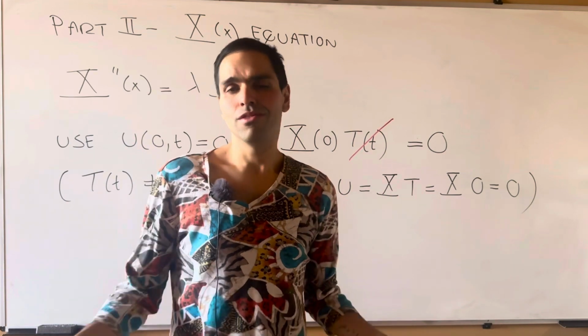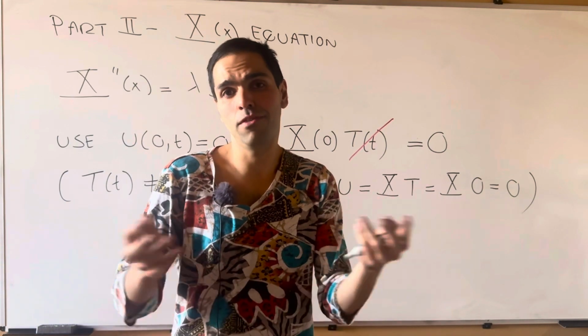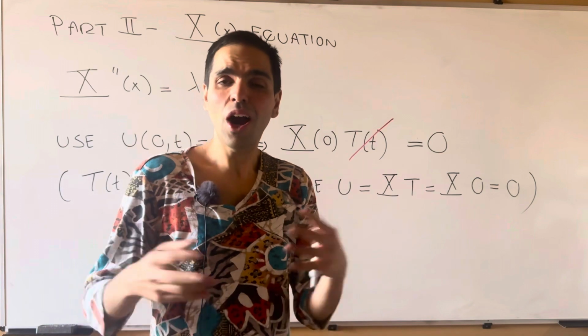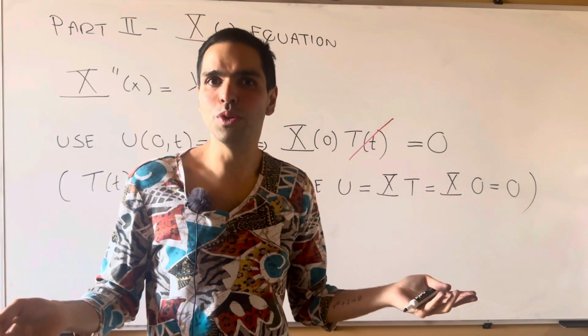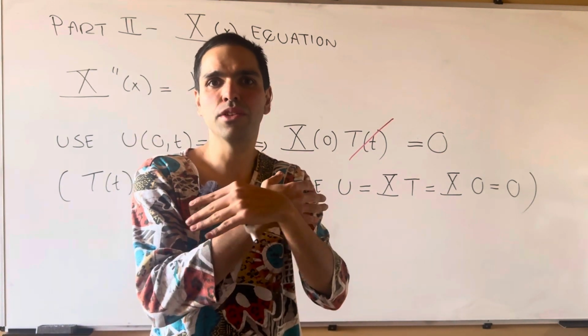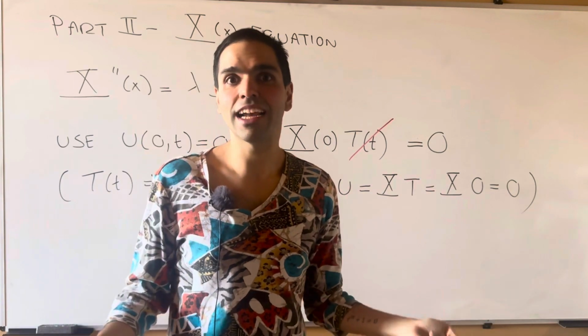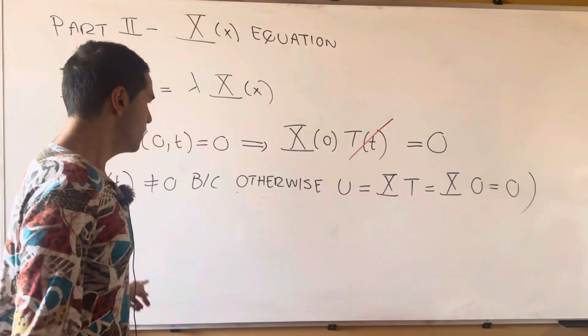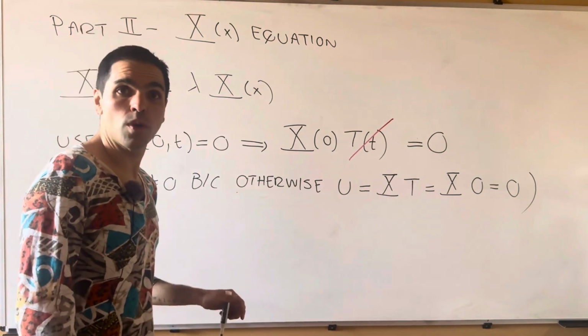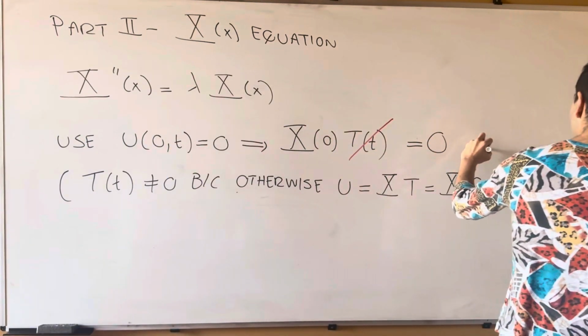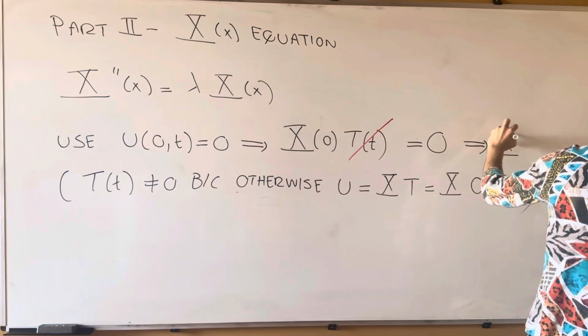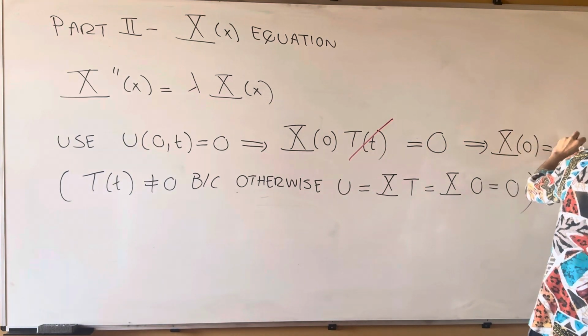I mean, how useful would it be for you if I tell you that the rod always has 0 temperature? And moreover, it doesn't even satisfy the initial condition. So we can legitimately cross out t, and we get x of 0 is 0.